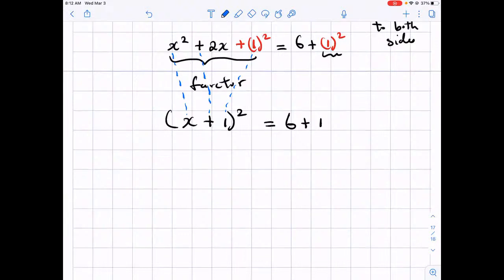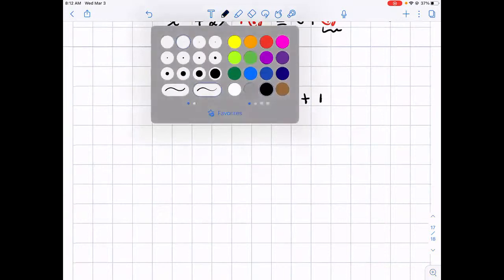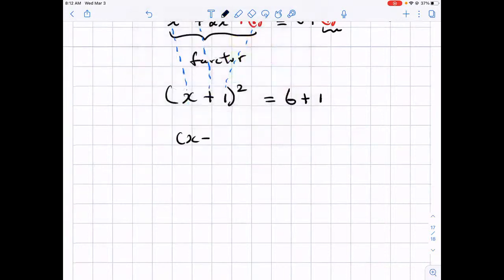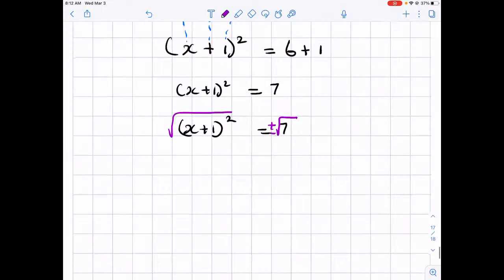So if we continue, we have x plus 1 squared is equal to 7, okay? And then we take the square root of both sides, but don't forget, when you take the square root, you get plus or minus.